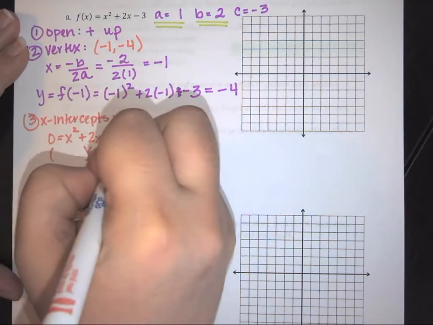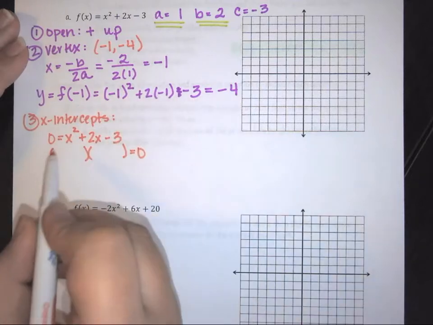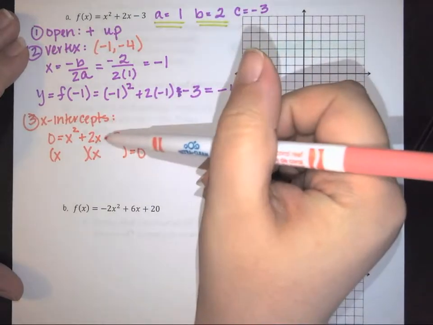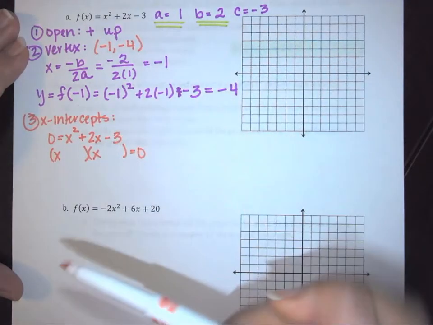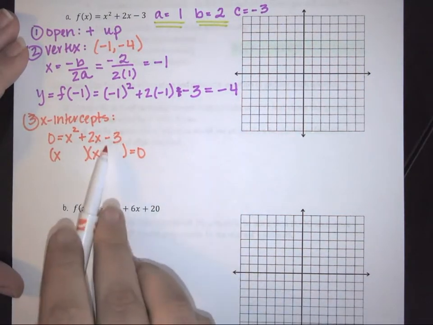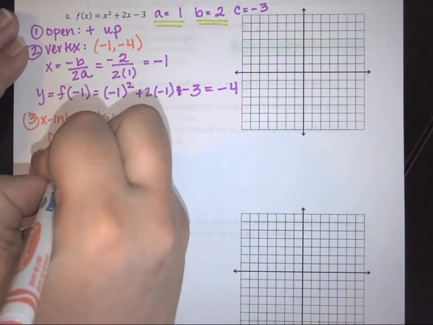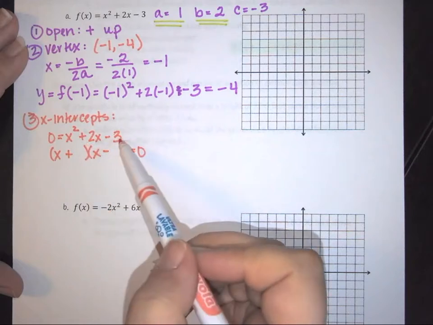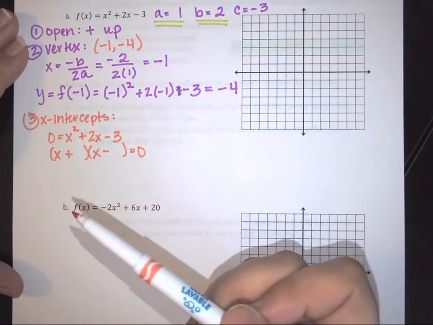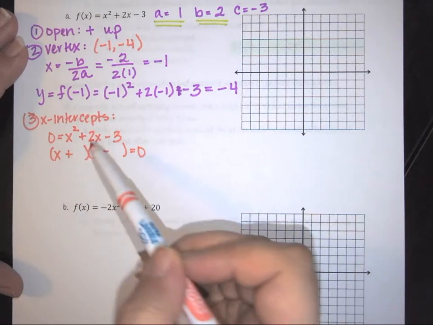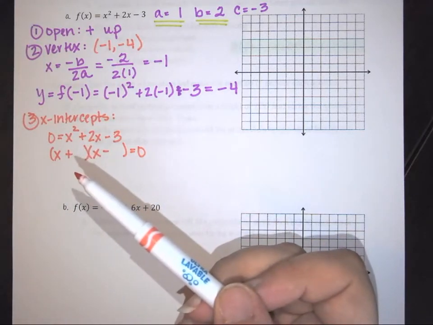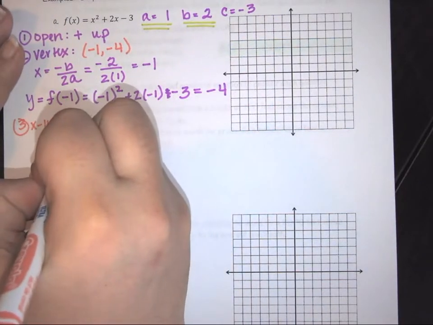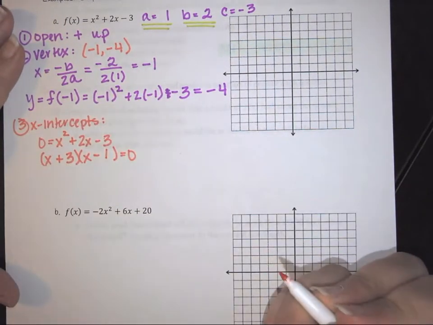So again, create your factors. X squared breaks into x times x. Remember, this back term tells you what your signs have to be. To multiply to a negative means I have to have one positive and one negative. And now I need factors of 3 that will give me a positive 2 as a result. Since my middle term is positive, the bigger factor must be positive. Therefore, I've got a positive 3 and a -1.